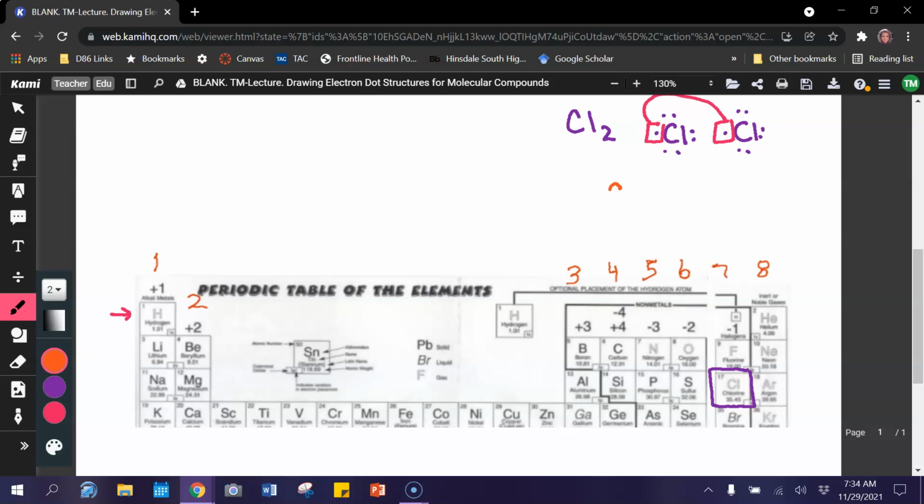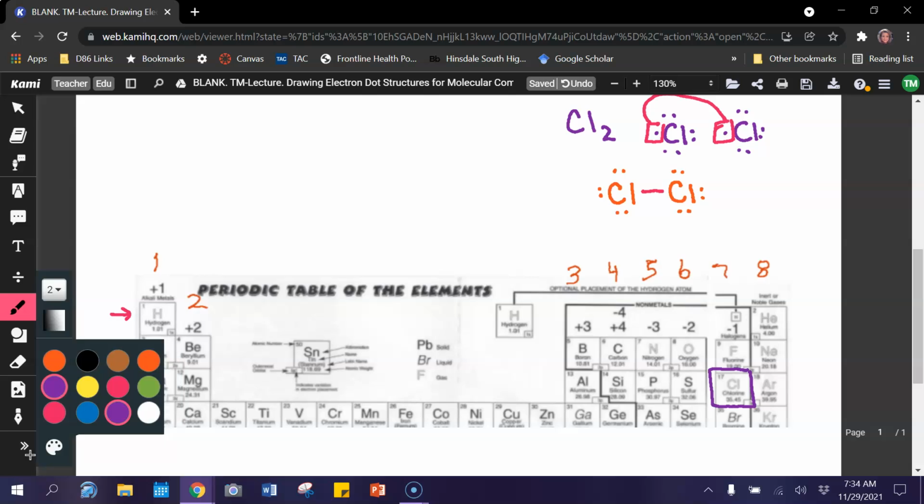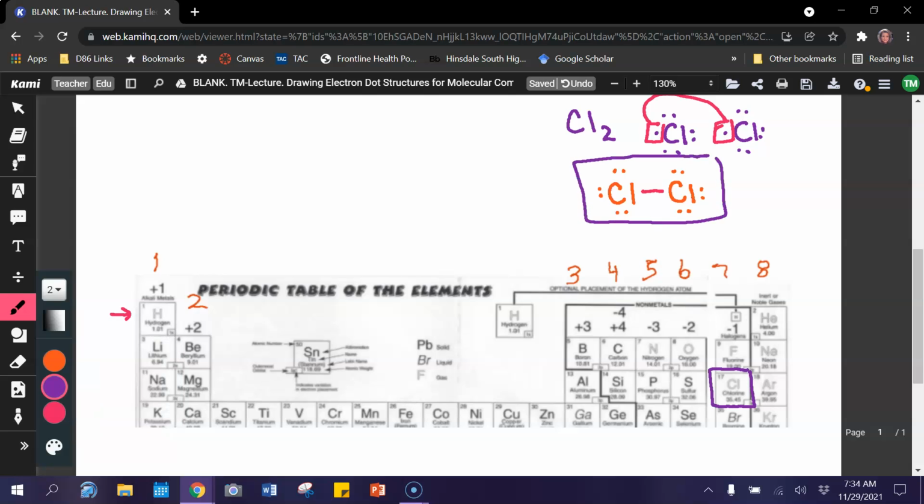So I'm going to redraw my 2 chlorines, and I'm just going to shift my lone pairs around to the outside of chlorine, and then I'm going to replace my boxed unpaired electrons with a dash. And so my final electron dot structure for Cl2, or chlorine, looks like so.